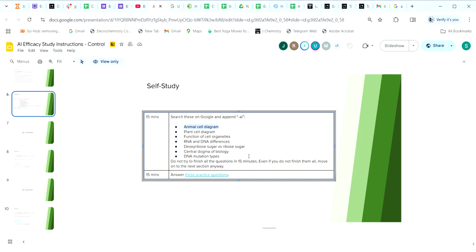That is plant cell diagram. Okay, let's check it.